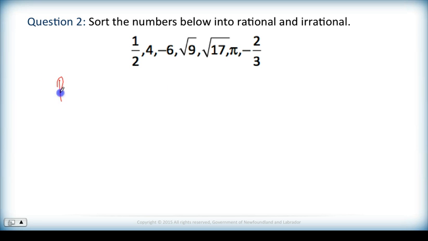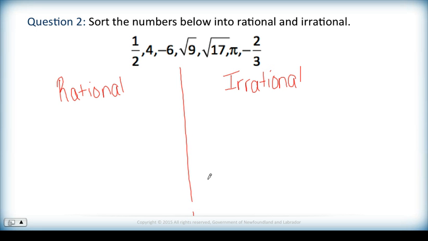So we'll have rational first. Then we have our irrational. So let's break that down into two categories here, and then we'll look at each number separately.